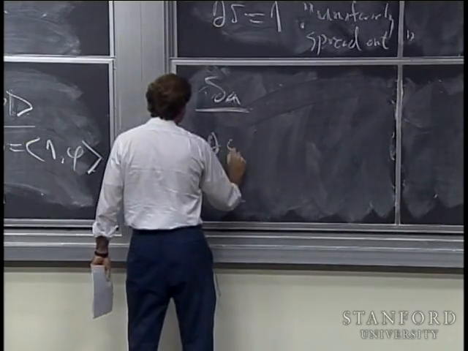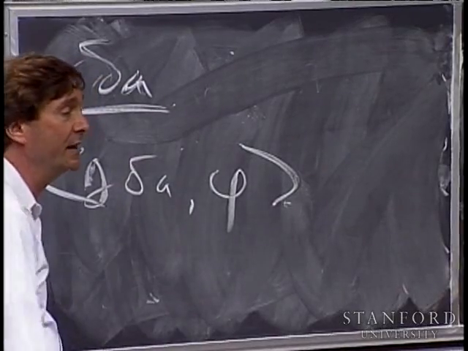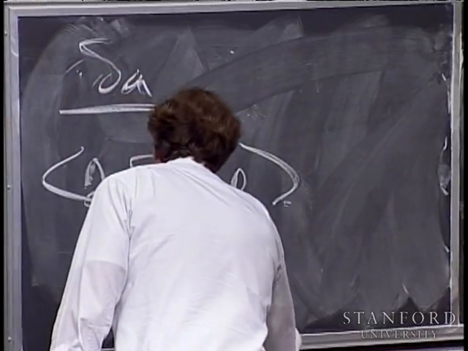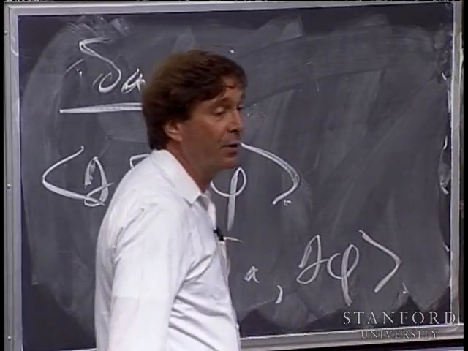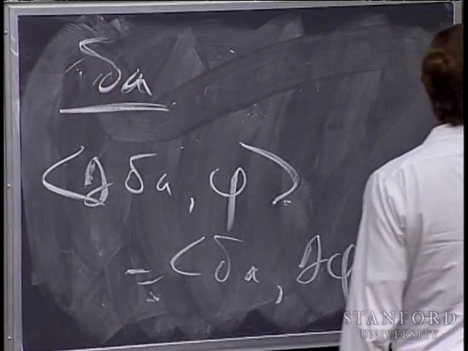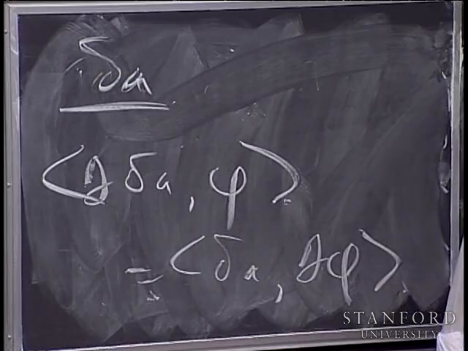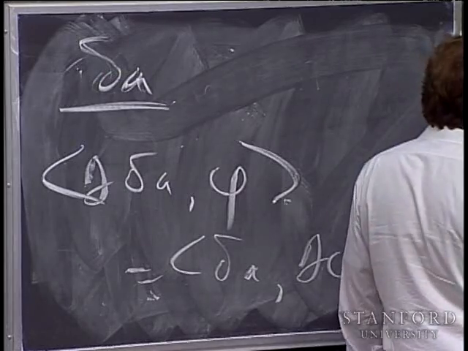The Fourier transform of delta sub A, I have to tell you how it operates on a test function. The Fourier transform of delta sub A is, by definition, delta sub A operating on the Fourier transform of phi. But what is delta sub A operating on anything? It evaluates the thing at A. That is, this is the Fourier transform of phi at A. All right? What is the Fourier transform of phi at A?